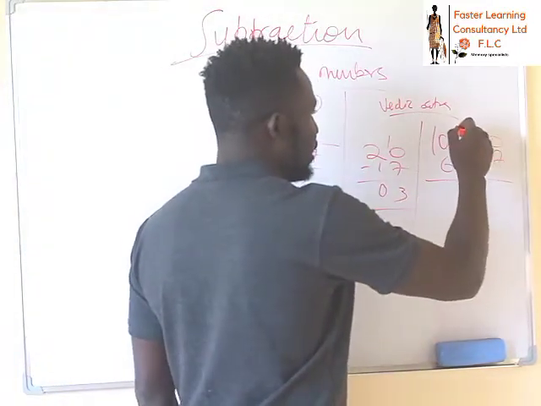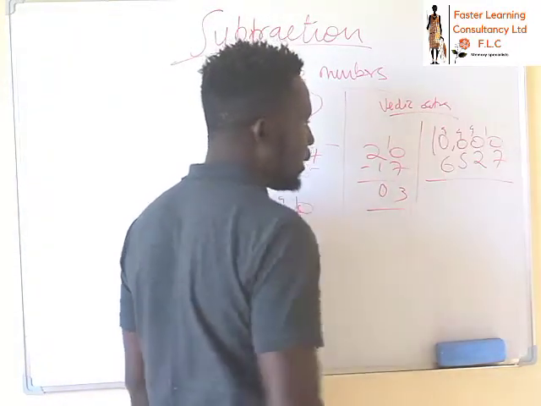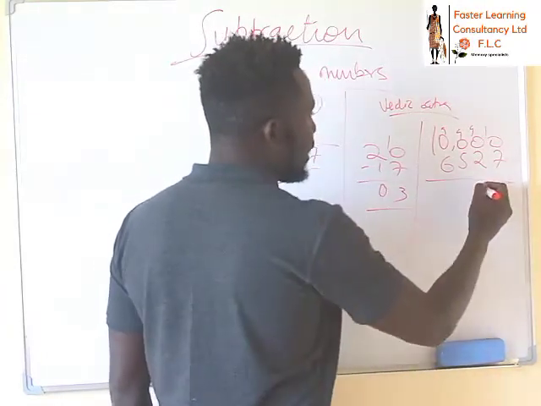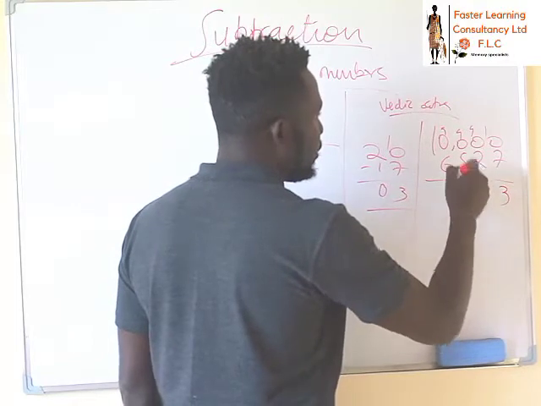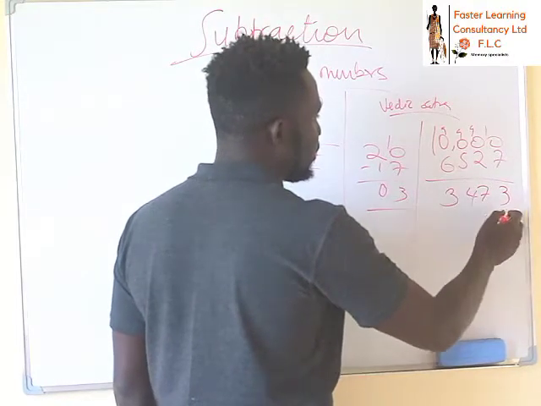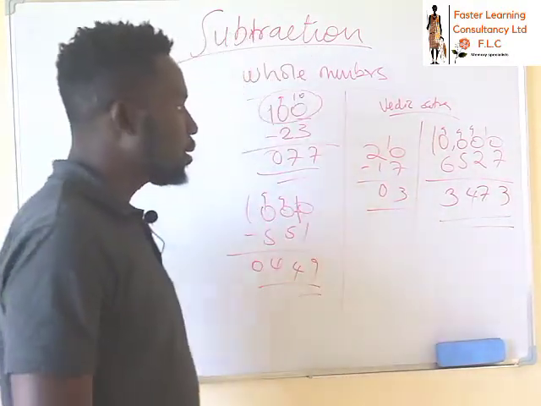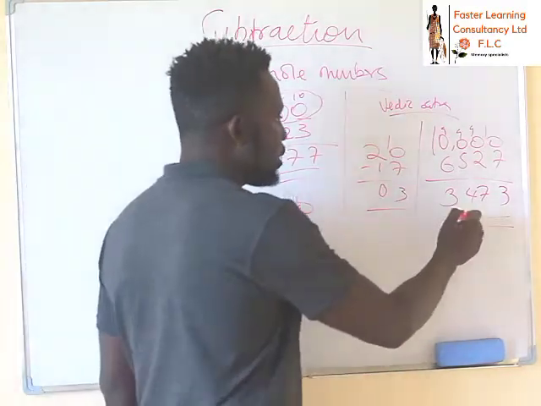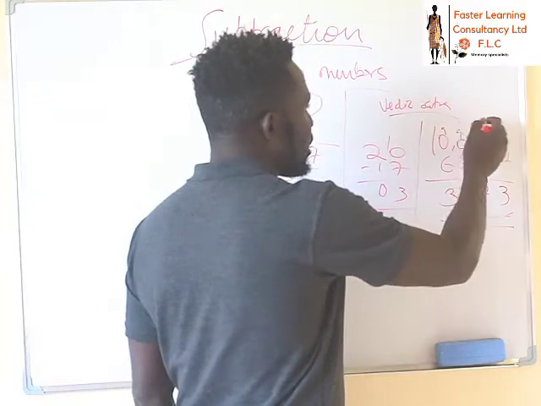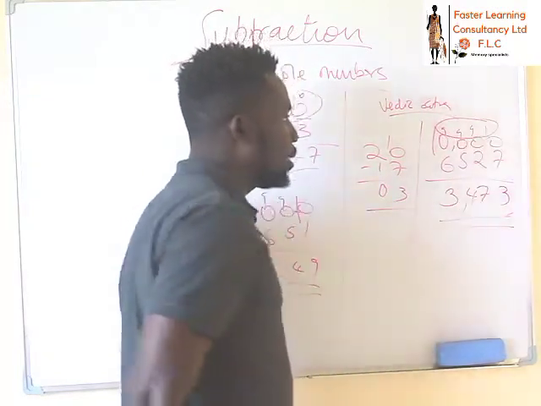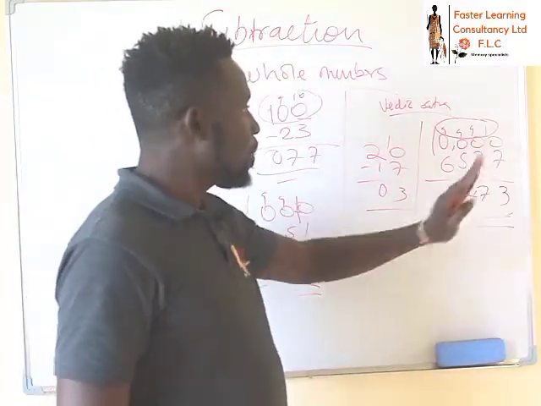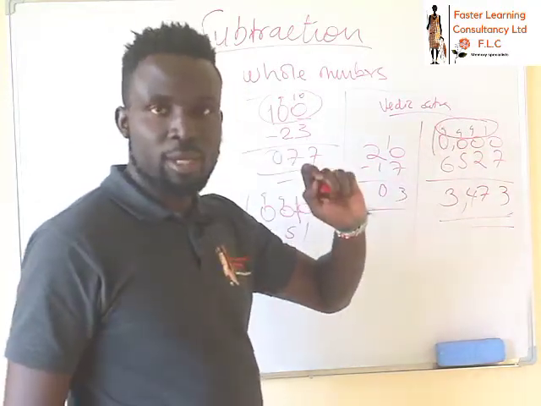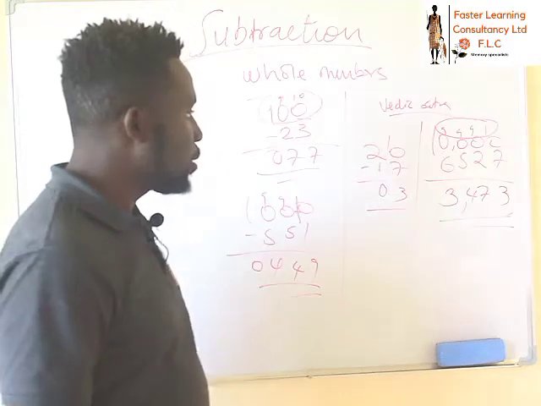So what I'm going to do is write 3,473 without thinking about carrying forward and other things. So I have my answer as 3,473, and I just use this as my guideline. The first number I subtract from 10, the rest from 9, and the last one I subtract 1 from. Okay, so that's how it is.